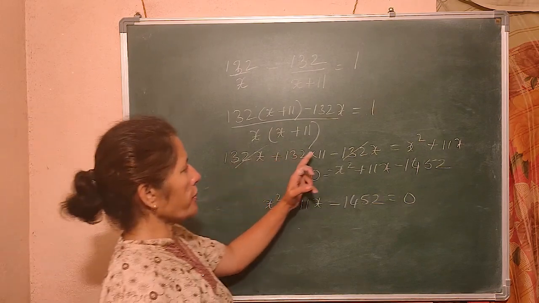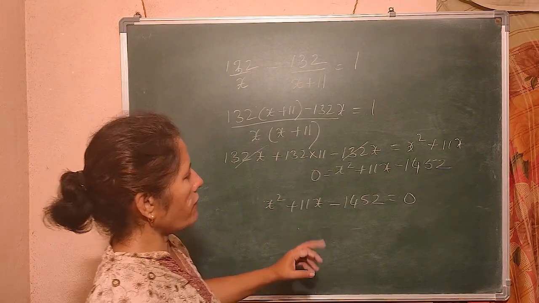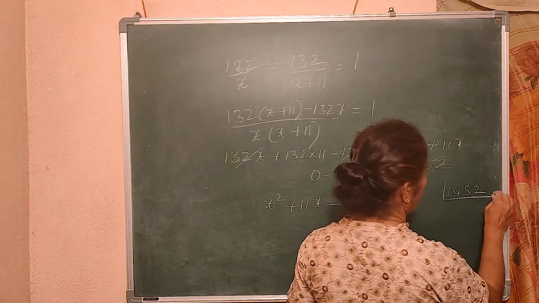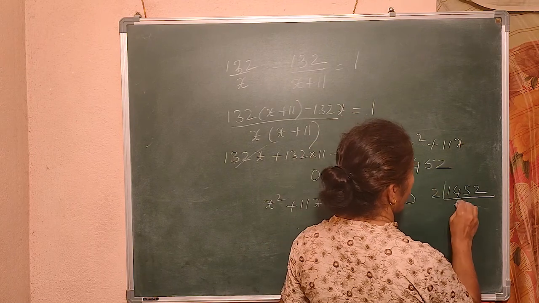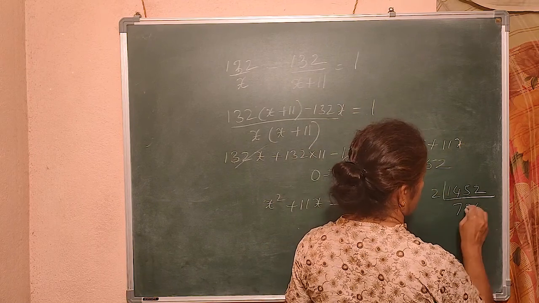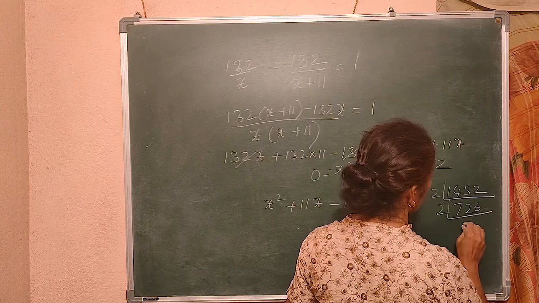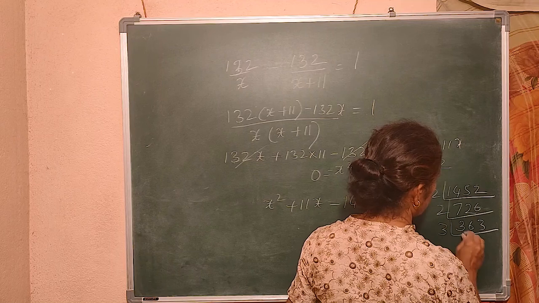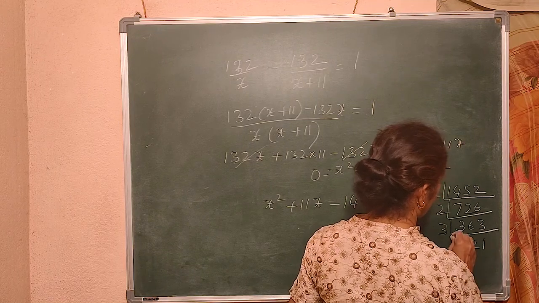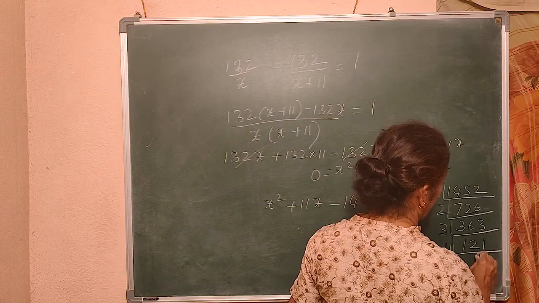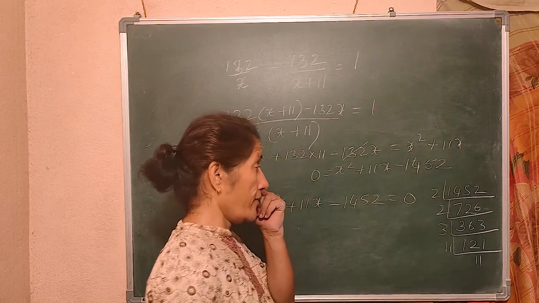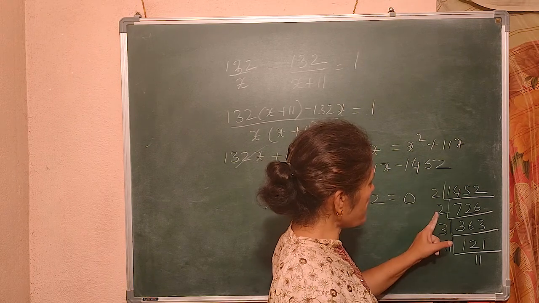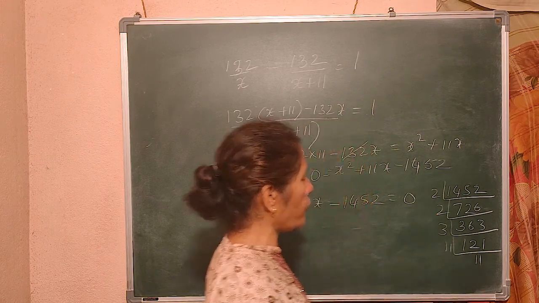See, 132 into 11, so 1452. If you get a big number, you can divide by the prime factorization. Let me try whether it is possible. 11 3s are 33. 2 2s are 4, 4 11s are 44.